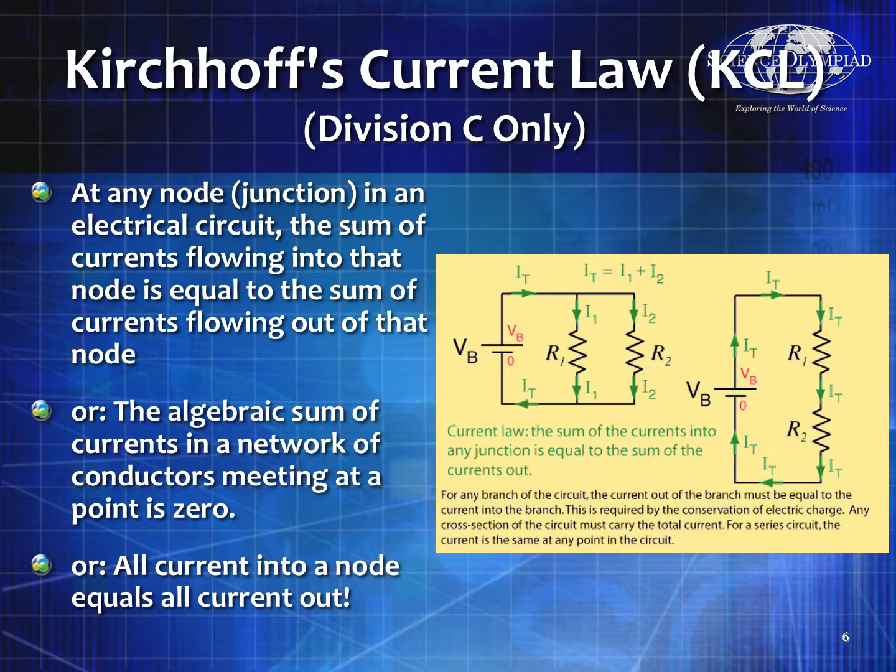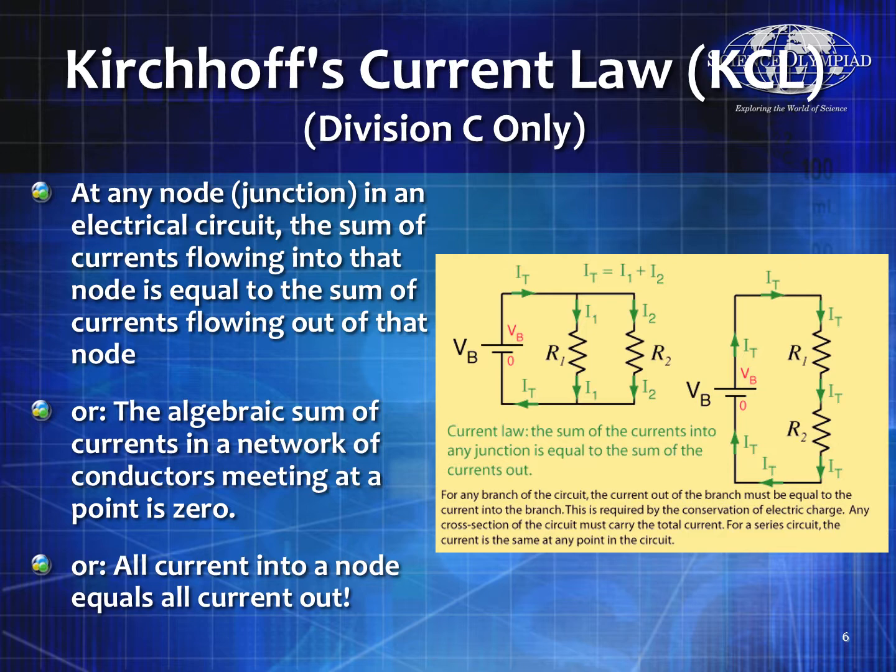Now, this is very, very useful when you're doing nodal analysis. So before we did loops, and now we're going to do nodes. So if I look in the case of VB, R1, and R2 on the left-hand side there, the I total is equal to the I1 and the I2, because whatever current I have coming out of that battery is split between R1 and R2.